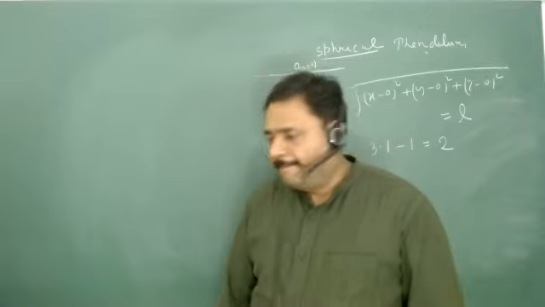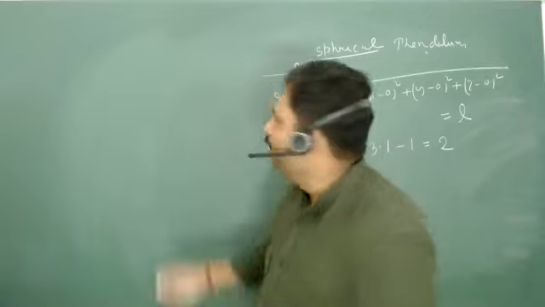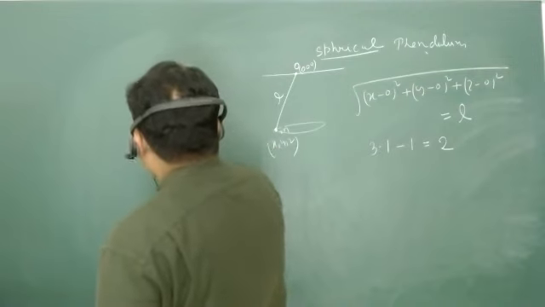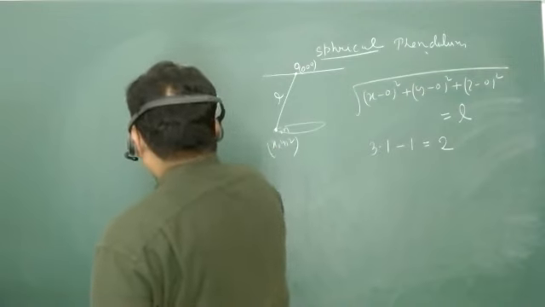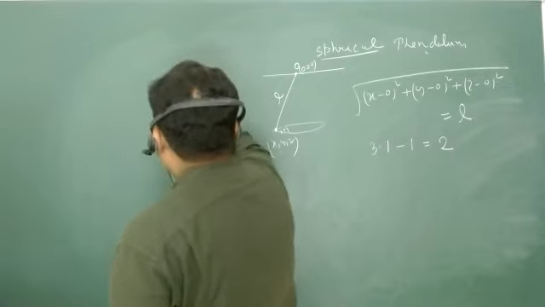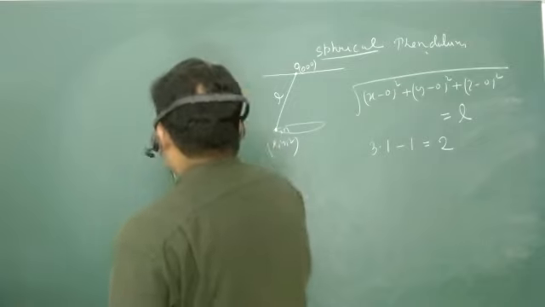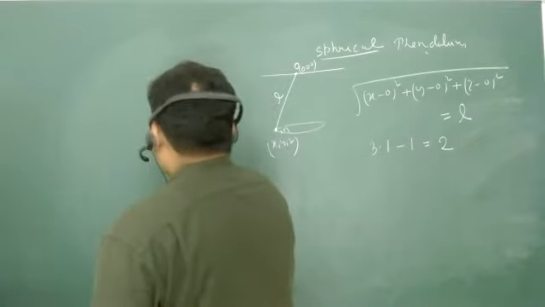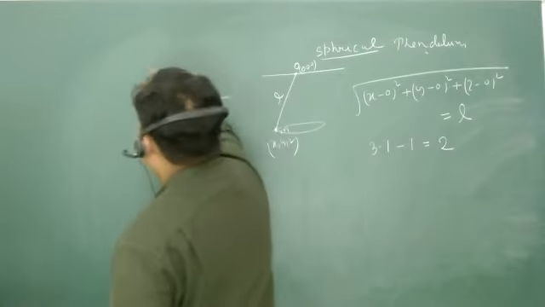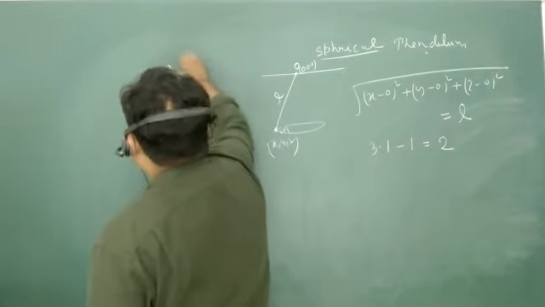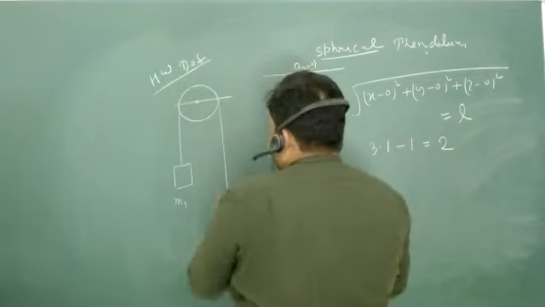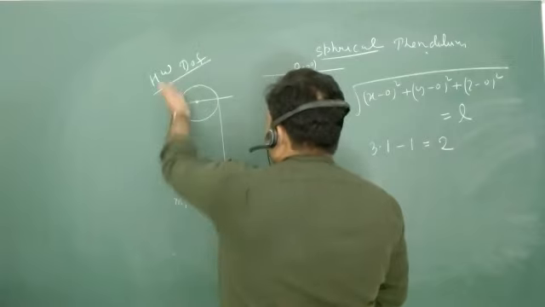Just as homework, I think you have the mass pulley system in your +2, isn't it? This is M1 and this is M2. Just find the degree of freedom of the system. M1 and M2 can move only in the vertical direction.